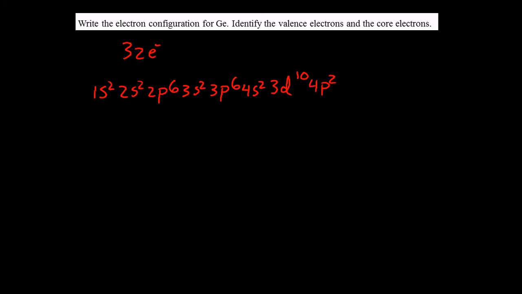The 4p is not a shell. 4p is a subshell. The 4 is representing the shell. So we actually have 2 different subshells that are both in the 4th principal shell. And so in germanium, we have 4 valence electrons.